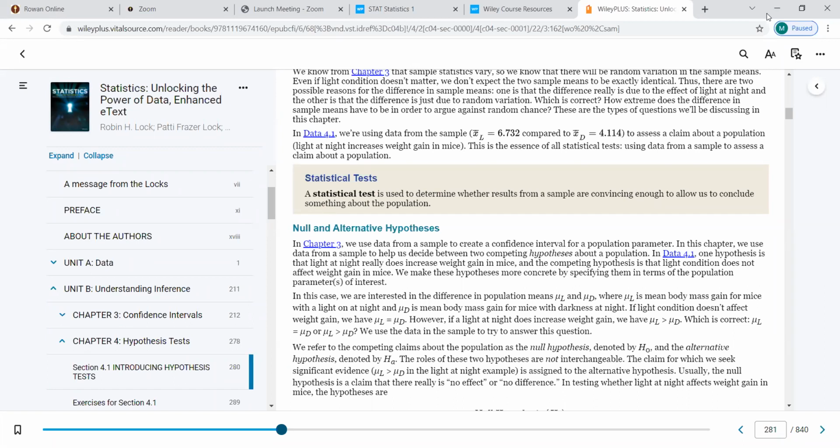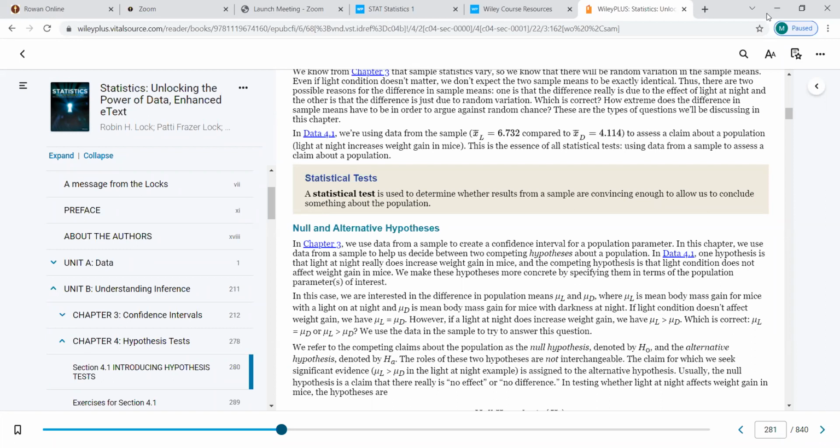But in the case here, the null hypothesis basically is that, in the previous case, for example, there's no difference between the two groups, the light group and the dark group. The null hypothesis would be saying no difference between the two, all right? Because that's contrary to what the researcher is trying to prove.